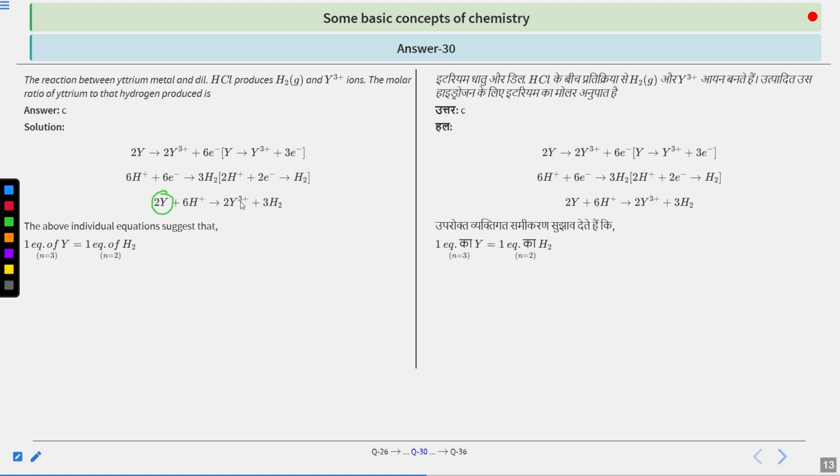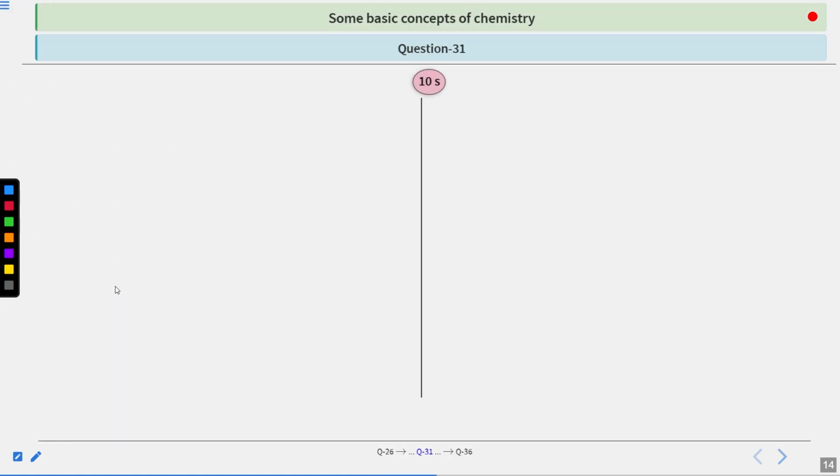Because this has a charge of 3+, that's why. Or we can write 1 by 3 mole of Y reacts to give 1 by 3 mole of H2. It is very clear from the equation also. Then we can find the ratio very easily. So this is 2 is to 3. Clear? Now let us see the next question.